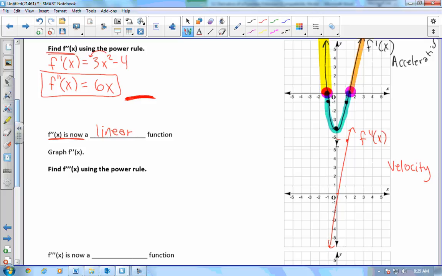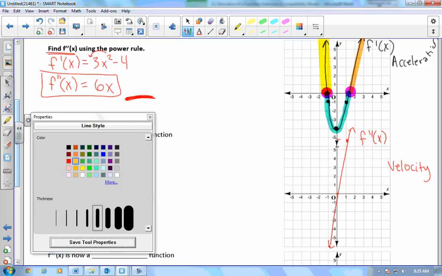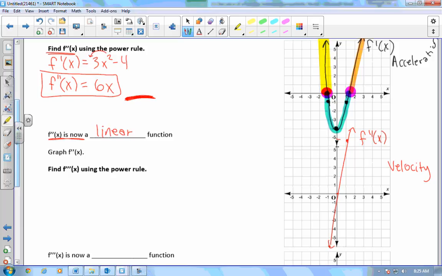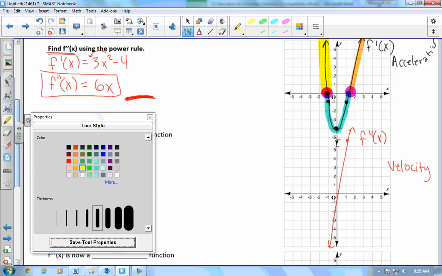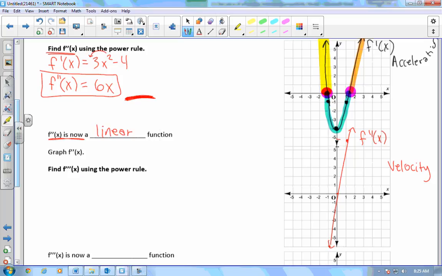Let's see how it's related to the one before it, which was f prime. f prime was decreasing for a while, wasn't it? I'm trying to get a different color I'm going to use. Maybe green. Tell me when f prime stops decreasing.